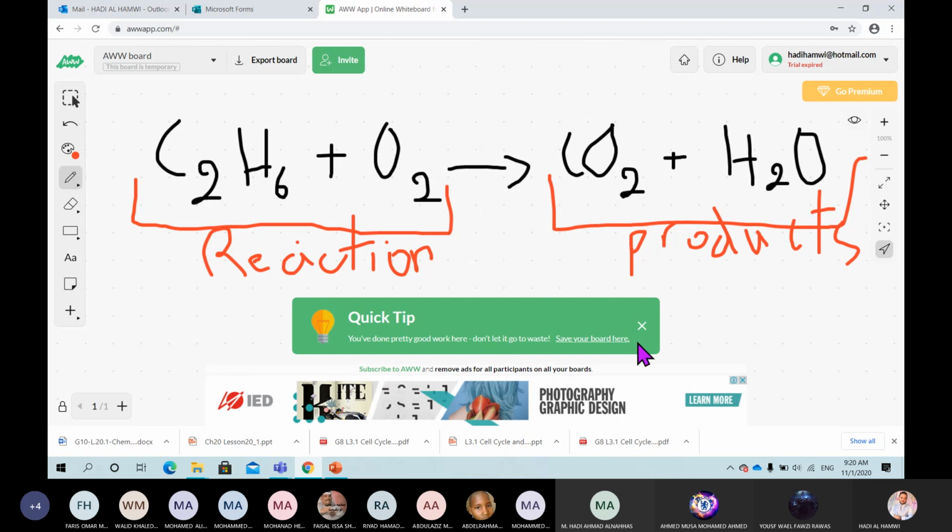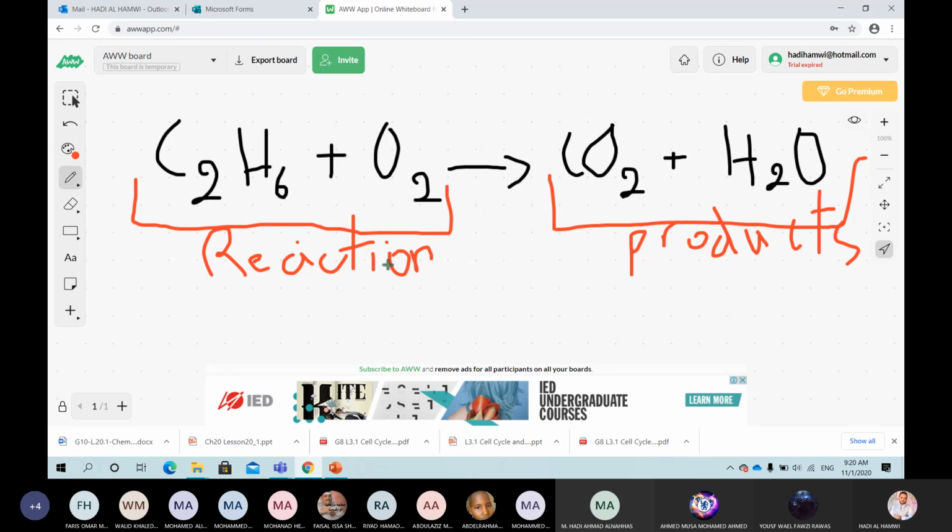So the reactants are the substances that I start the chemical reaction with, and the products are the chemical compounds that are formed at the end of the chemical reaction. Okay, this is just a revision.